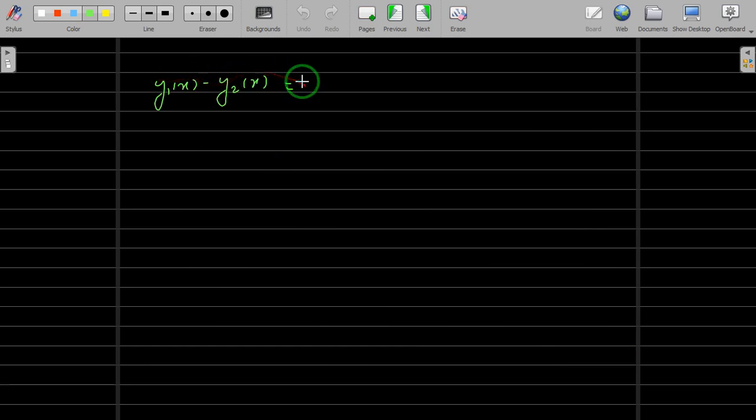So you will get lambda integral a to b K(x,t) [y1(t) minus y2(t)] dt.